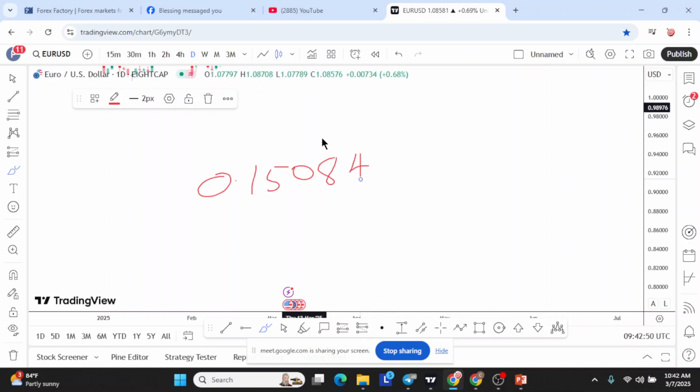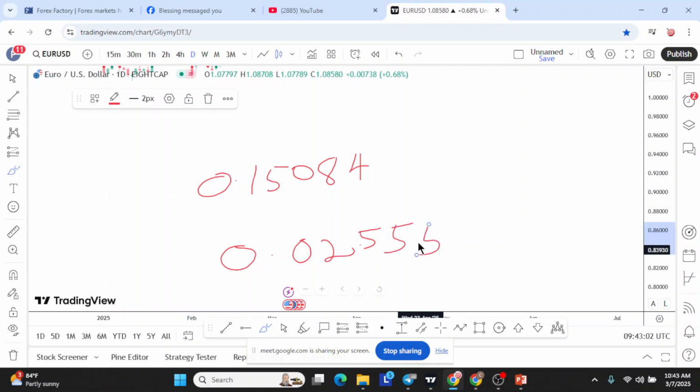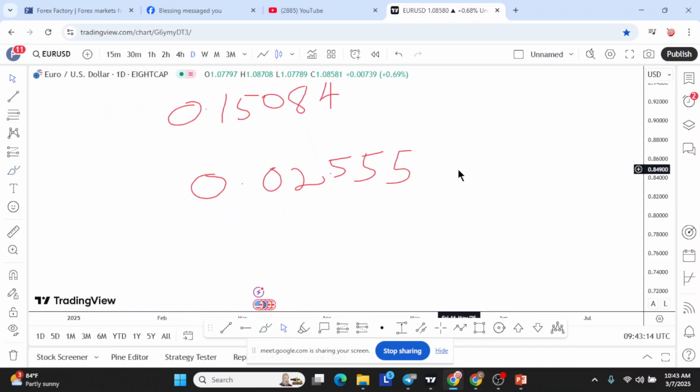Now you get it. 1,508. Let's have more. Let's say we have this. How many pips is this? We have 255. Yes, 255. So now you get that.